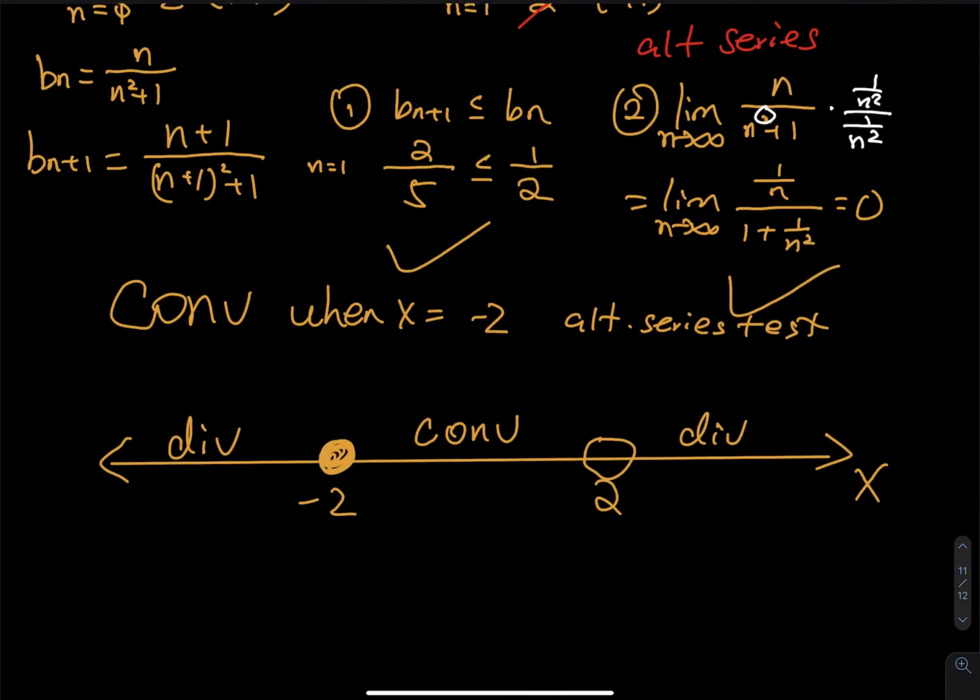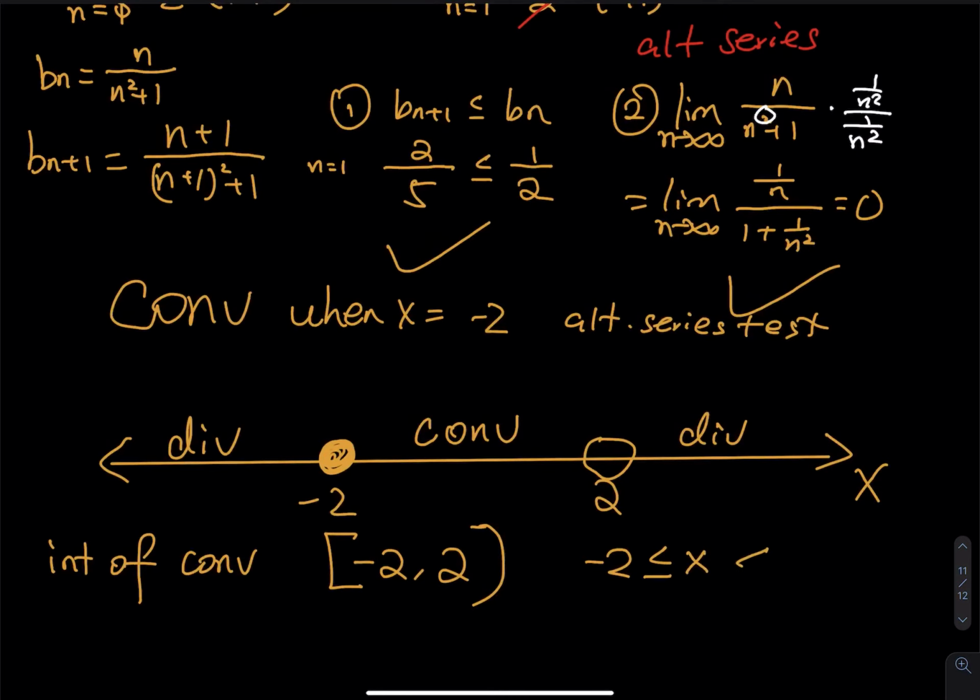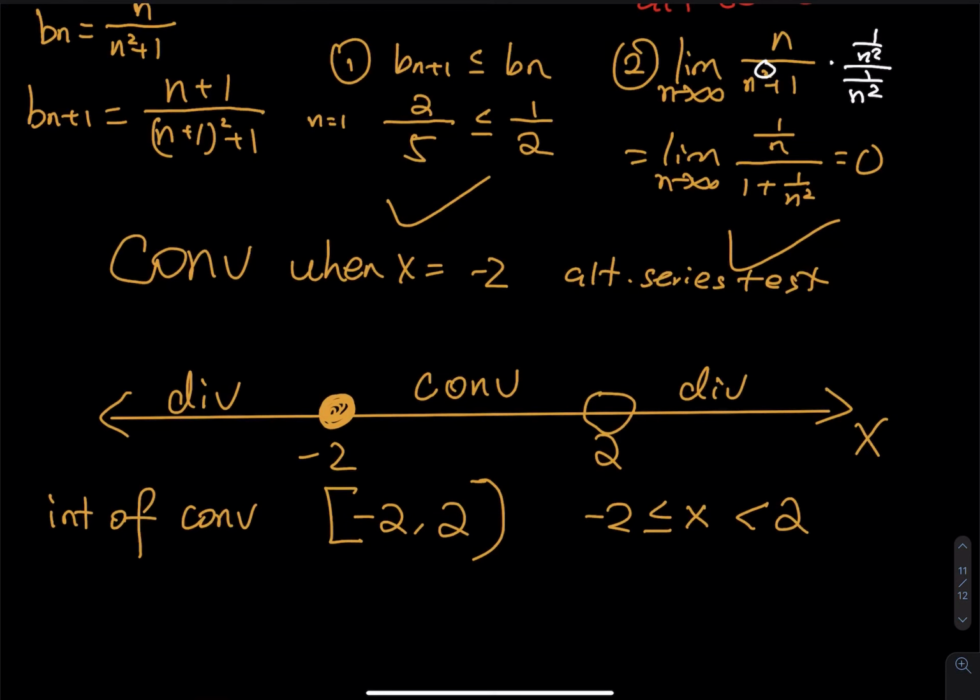So the interval of convergence, using interval notation, is from -2 to 2, and using inequality that is -2 less than or equal to x less than 2. And 0 is right in the middle, and the radius of convergence is equal to 2.